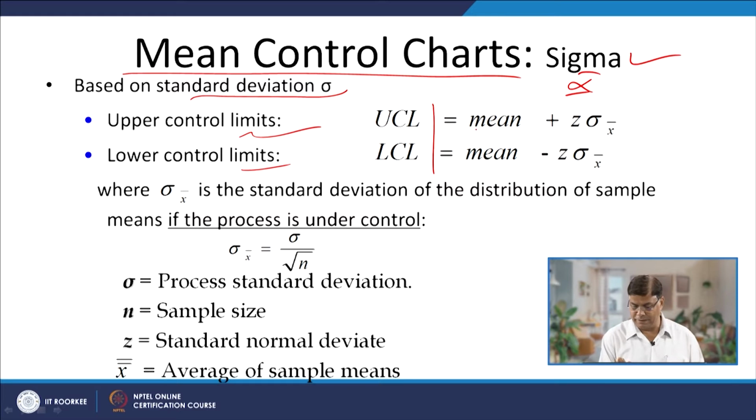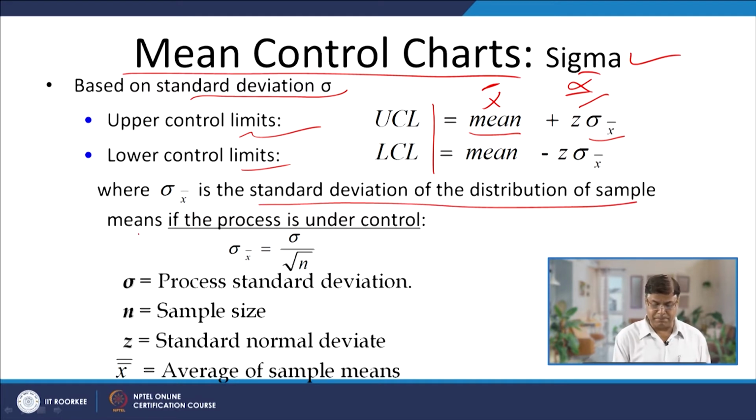Upper control limit is x double bar plus z into sigma x bar. This sigma x bar is the standard deviation of the distribution of sample means if the process is under control. Sigma is the process standard deviation, and n is the number of units in a sample, or the sample size, which may be 2, 3, 4, 5, 10 like that, and accordingly this value of n is identified.